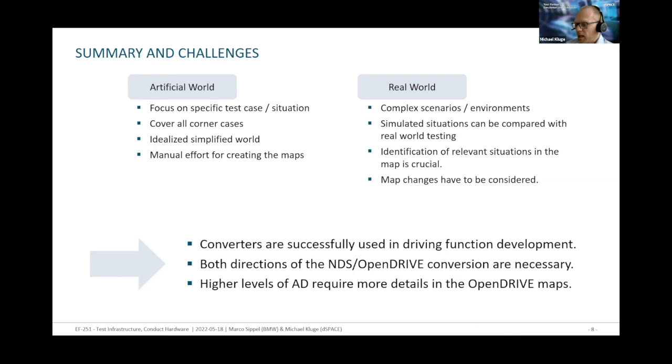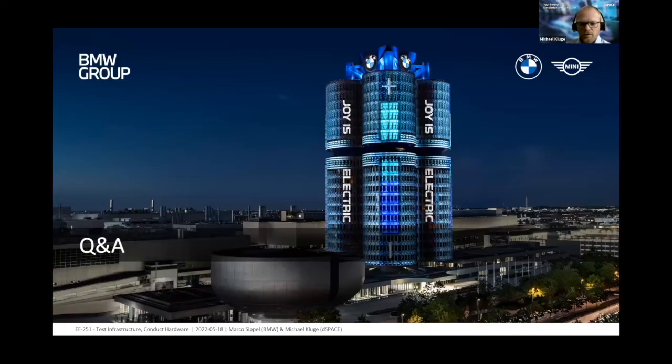And the higher levels of automated driving, autonomous driving functions, require more details in the OpenDrive map to allow localization not only based on GPS positions, but also based on things around the world like traffic signs and buildings and so on. So that would be my summary for the slides, and now we only have this questions and answers slide at the end. Thank you very much.